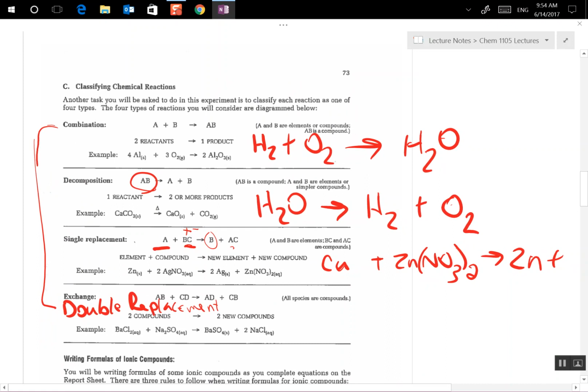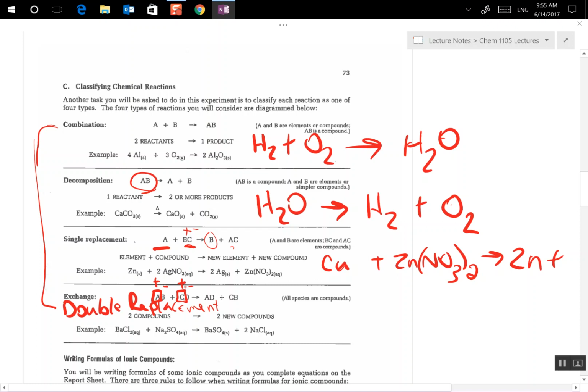Now with a double replacement or an exchange reaction, what is happening is you have two ionic compounds, AB plus CD. The cations here are A and C, the positively charged things. B and D are negatively charged.